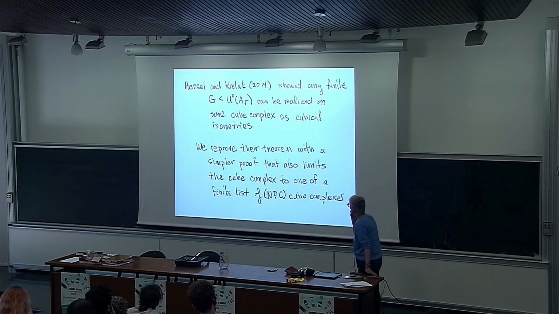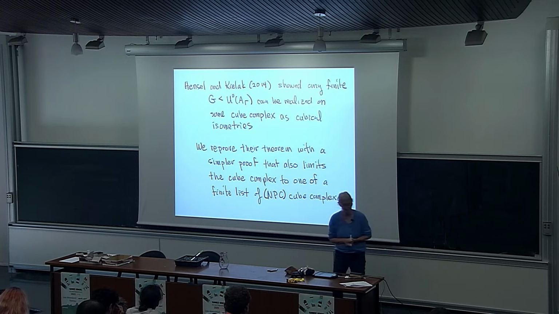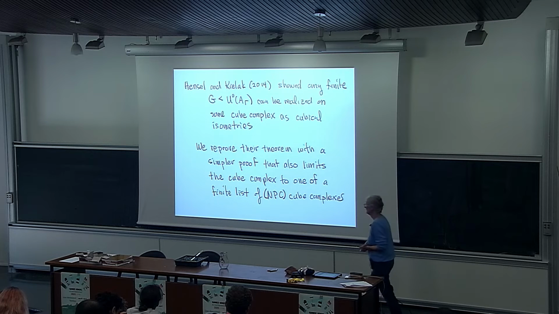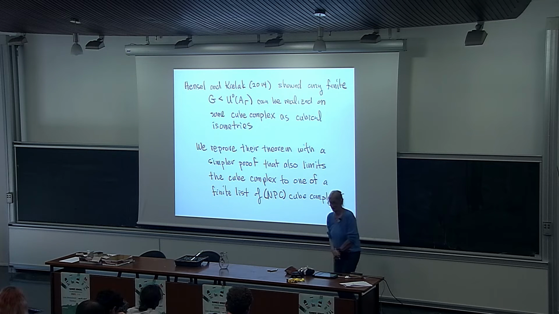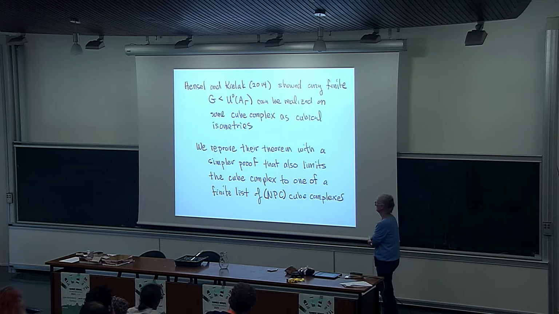Okay, so in 2014, Hensel and Kielak showed that any finite subgroup of untwisted automorphisms can be realized on some cube complex as cubical isometries, isometries that preserve the cube complex structure. However, it's kind of a complicated proof. We got started trying to understand what they did, and eventually we gave up, and we reproved their theorem with what I think is a simpler proof.